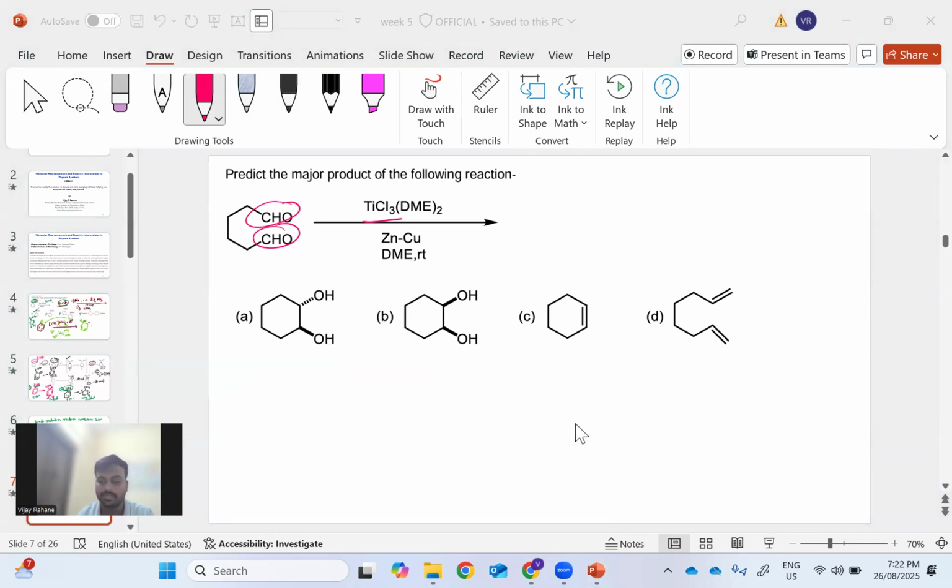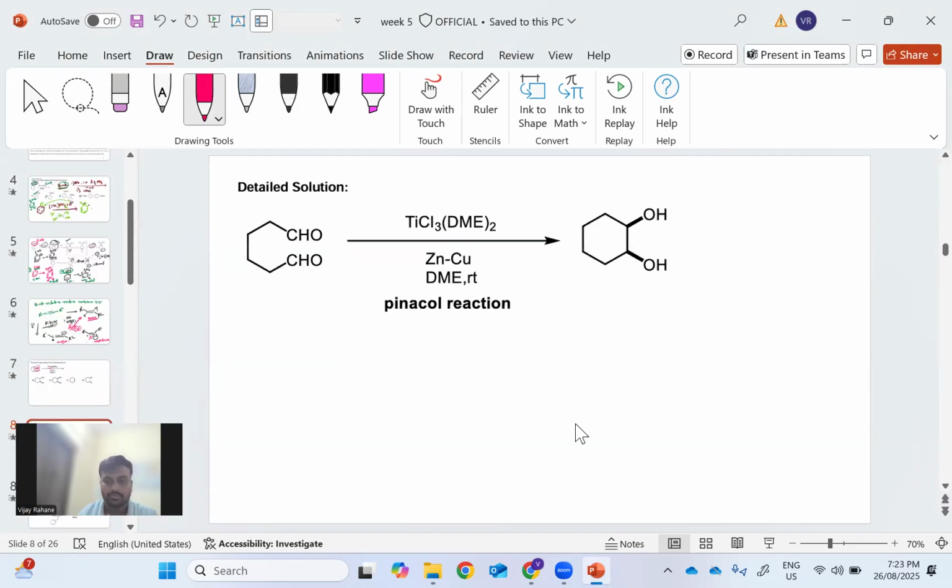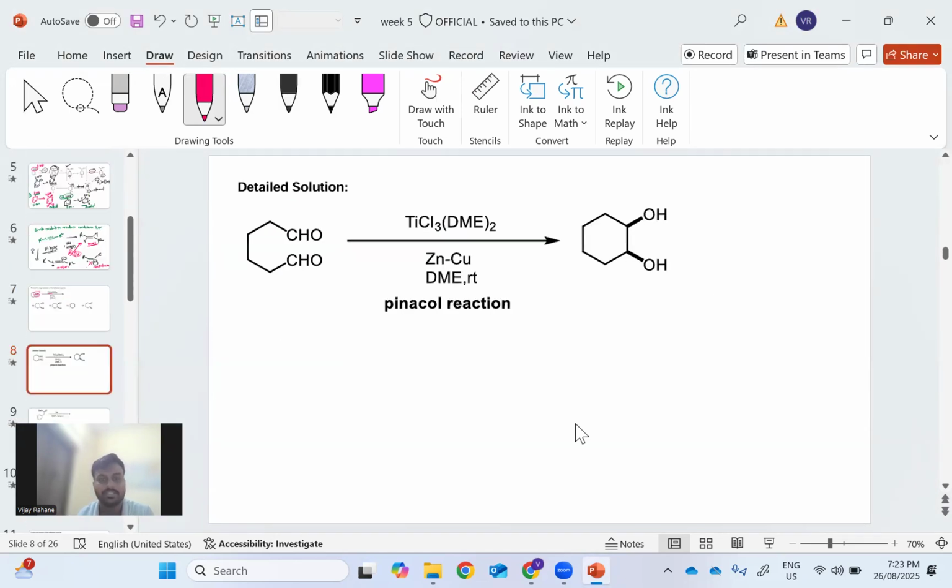All right. If anyone doesn't have any answer for this one, I will solve it for you. If you look at this reaction, this is the pinacol reaction, and this pinacol reaction gives the formation of cis diol. So keep in mind, this is the pinacol reaction.